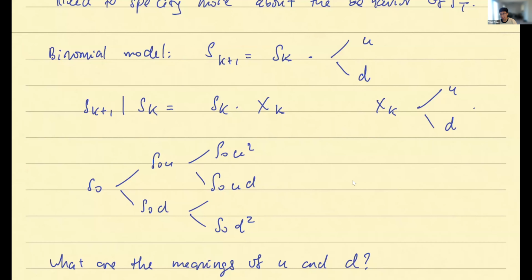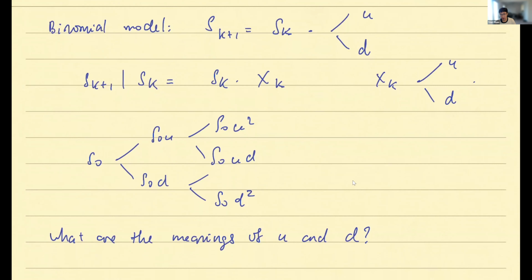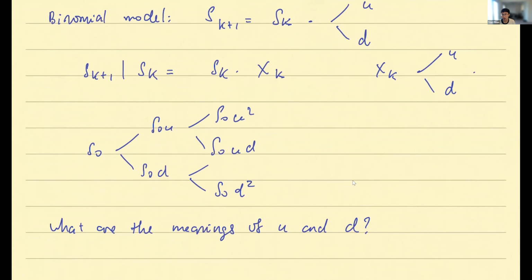And here I mean the financial meaning, not the mathematical meaning, because it's clear what it's doing. But what's the financial meaning of U and D? That's math, but more financially, it's not just price going up and down. It is more special than that.